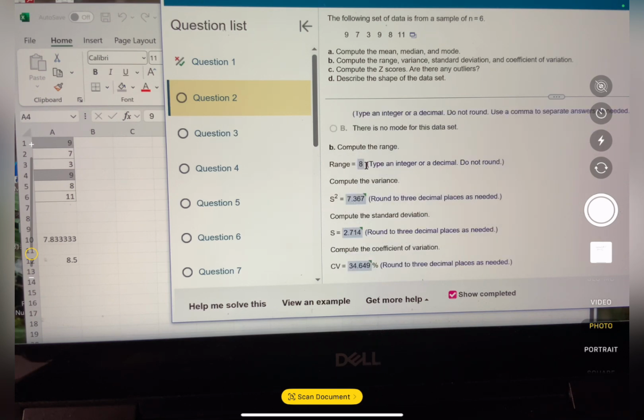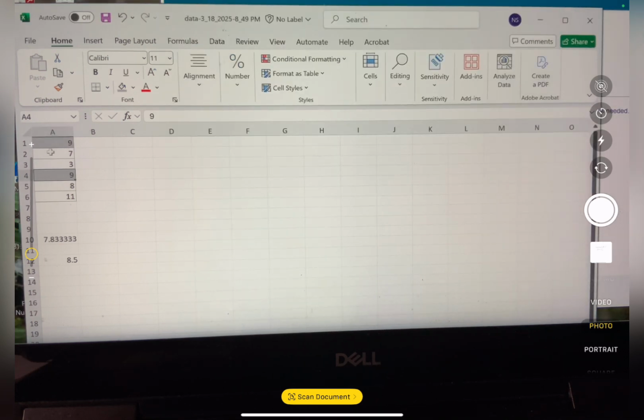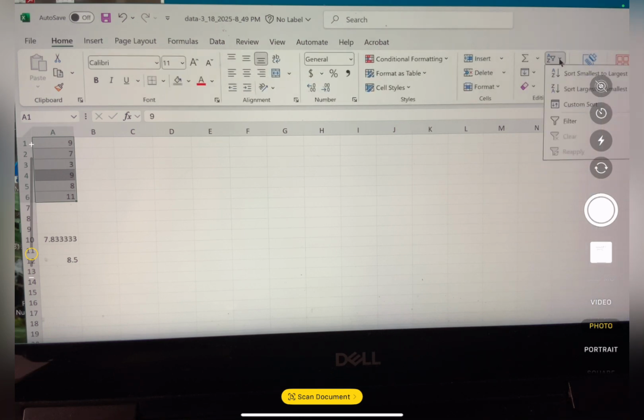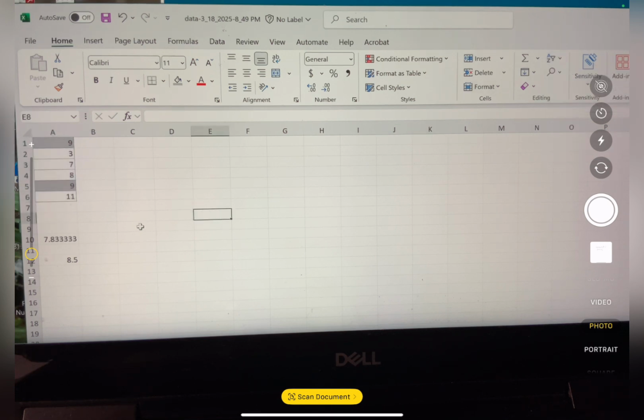All right, range. For range, we're going to take the maximum. I need to sort it out. Although the database is small and we can see, I want you to know how to sort it again. Smallest to highest. So 11 minus 9. Oh, we didn't sort out everything. Hold on. That's weird. Hold on, let me uncheck.